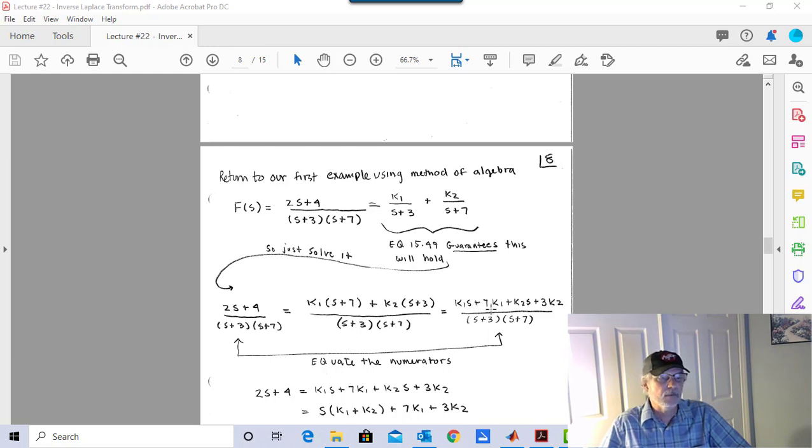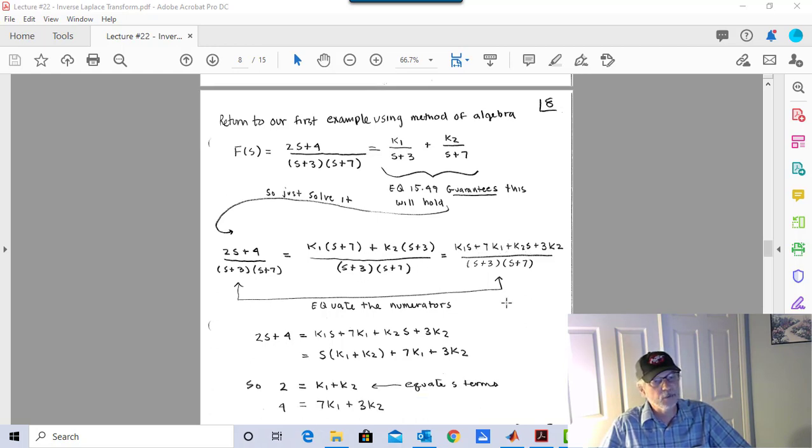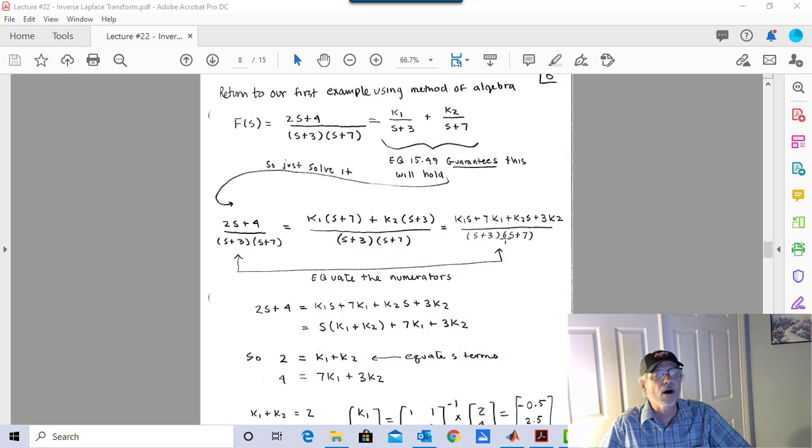Now let's multiply things out so we can see what we're doing. And now we're just going to equate the numerators. That's why I put them over a common denominator, because see how I can just blow off this denominator now. I got to pick k1 and k2 so this numerator equals that numerator.